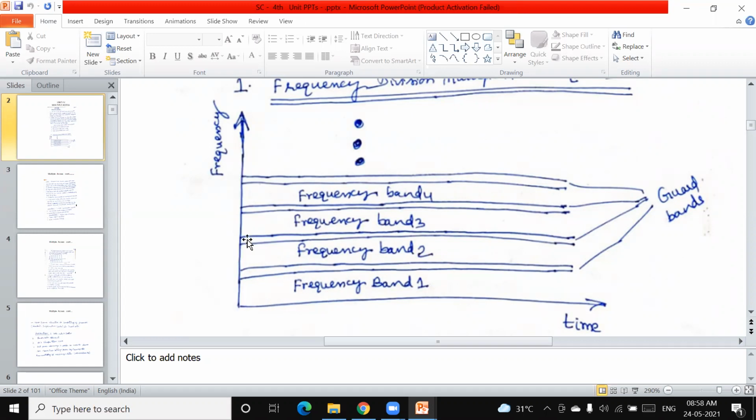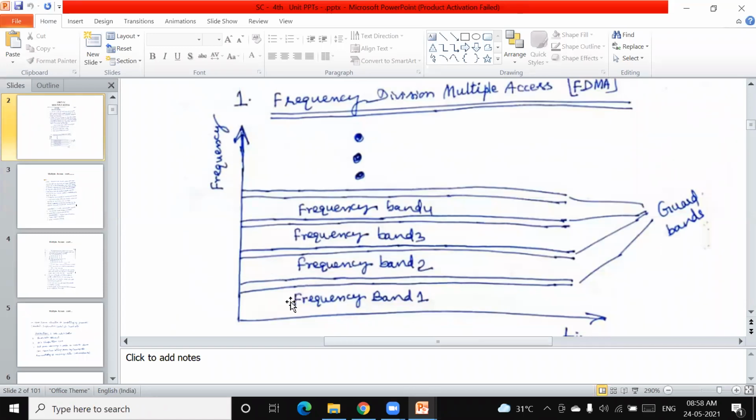The frequency has been divided into separate bands: frequency band 1, frequency band 2, frequency band 3 and 4, and so on up to the n bands. Please look at this diagram. Frequency division multiple access says that the user can access the satellite at any time, but with a particular frequency band.